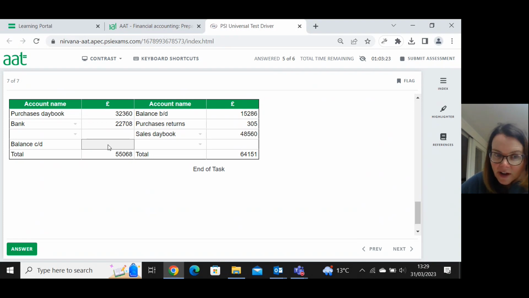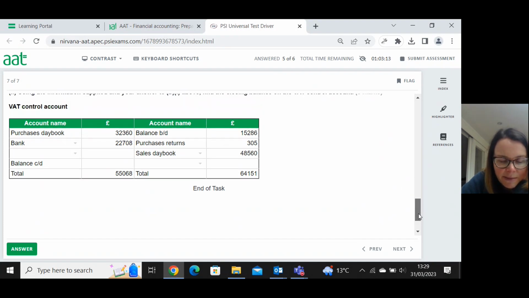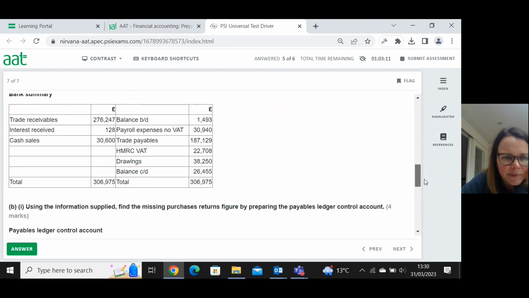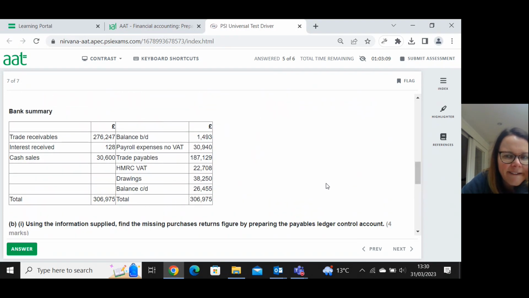So 64151 take away 55068 is 9083. Just double check that's not the right answer. So I've obviously missed something else. What is it? Nasty. Cash sales.